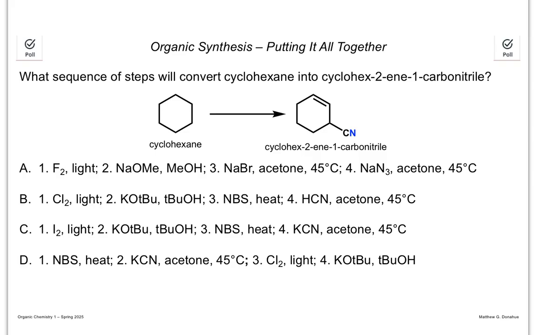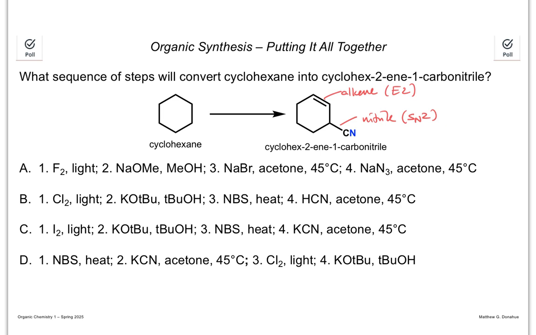So here we have a nitrile. Here we have an alkene. So how do you get a nitrile into a molecule? How do you get an alkene into a molecule? I'll give you some hints here. So those are the mechanisms that you would use. But then also you're starting with a saturated molecule, in the sense that all the carbons are sp3 hybridized.